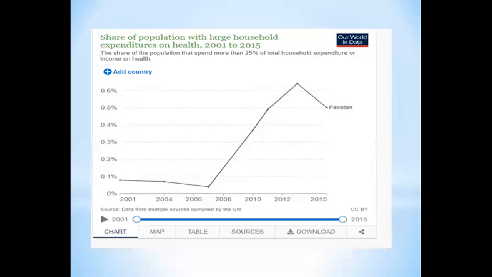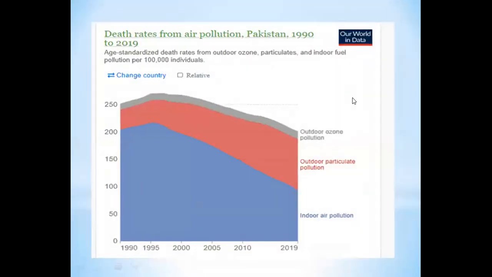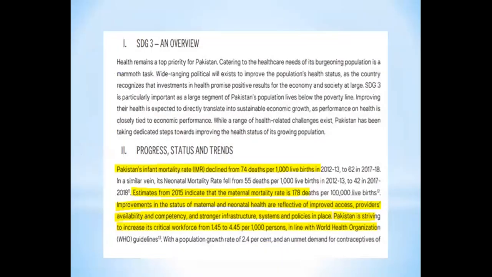Population household expenditure on health in 2001 is 0.1%, and in 2015 it became 0.5%. Death rate from air pollution in Pakistan from 1990 to 2019: indoor air pollution, outdoor particulate matter, and outdoor ozone pollution are increasing in 2019.